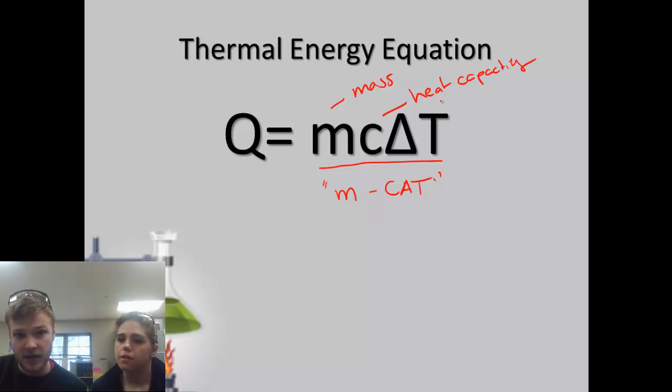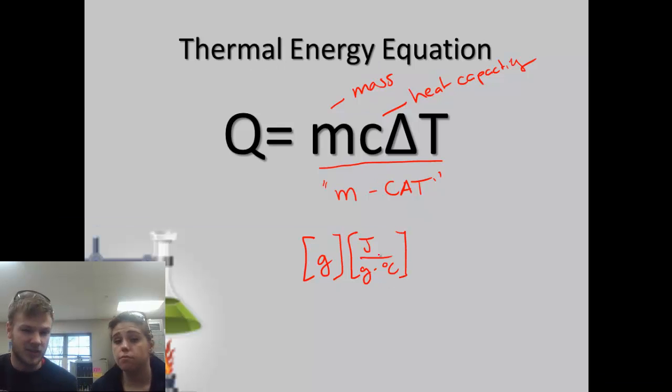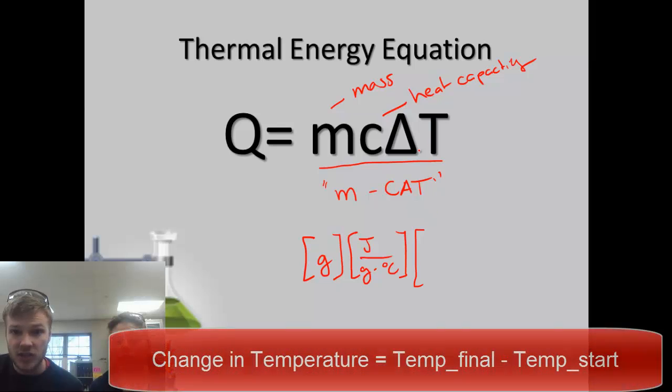The unit on that can get real funky, but let me go ahead and write this. Mass is typically in grams. Heat capacity is energy per gram times degrees Celsius. That'll make more sense when we're canceling things. Temperature we're always going to record in degrees Celsius or Kelvin, and delta T means final minus initial.